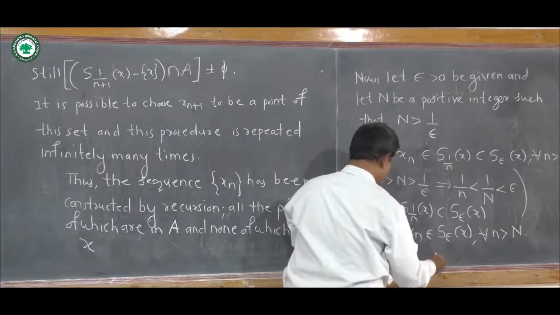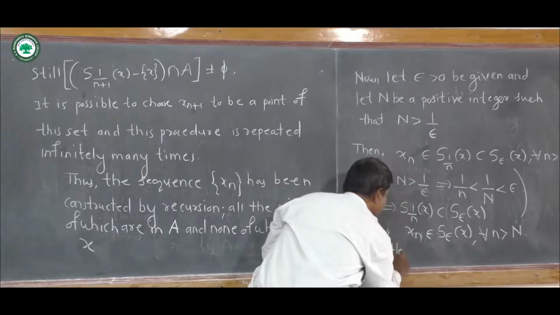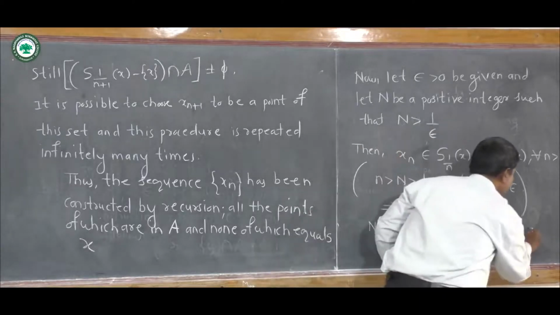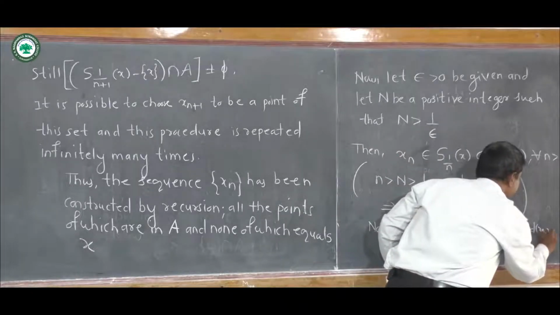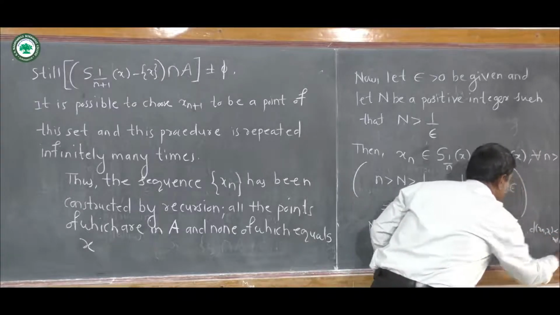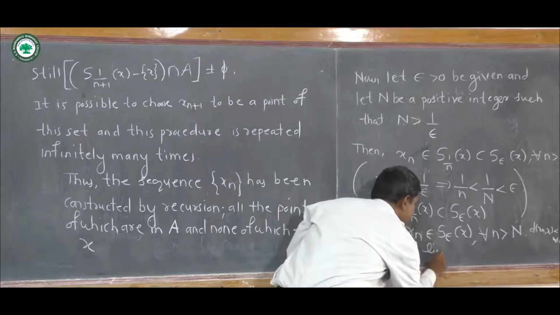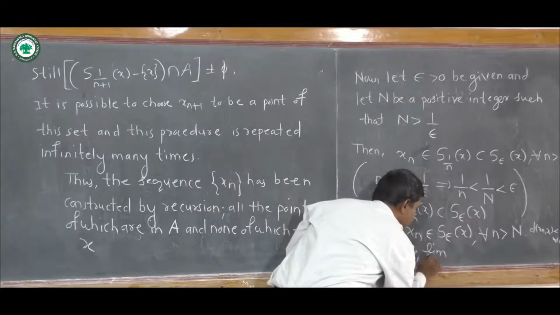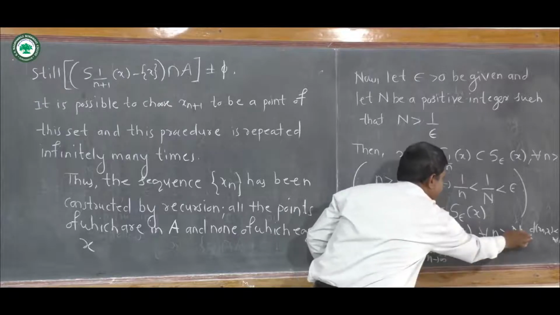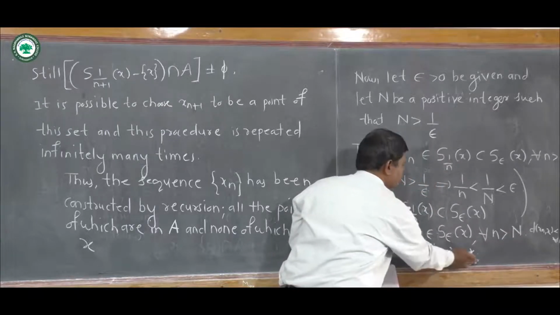So the meaning of this is that the distance between xn and x is less than epsilon for all n greater than N. That is, the sequence xn has limit x, or the sequence xn converges to x.